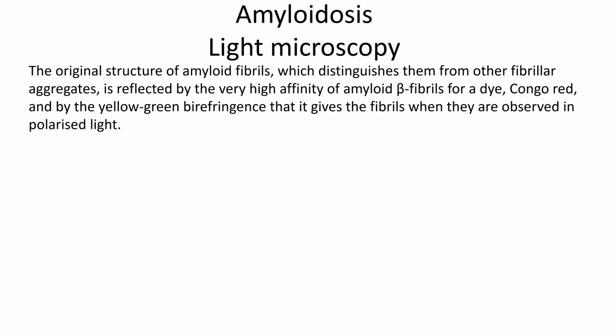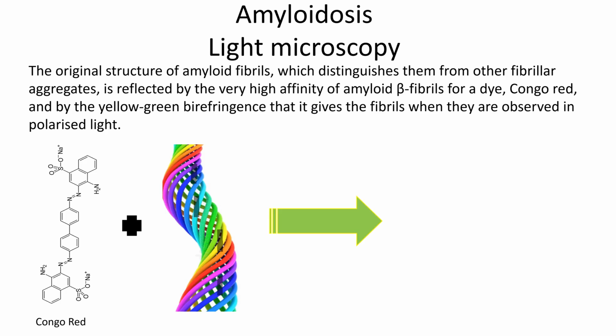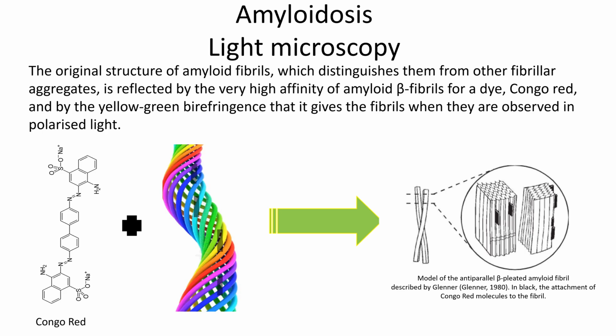The characteristic optical properties of amyloid fibers stained with Congo red result from the particular binding of the dye to the folded beta sheet. This molecular organization of the dye results in deflection of polarized light with simultaneous extinction of the red component of the light spectrum, leading to yellow-green birefringence.